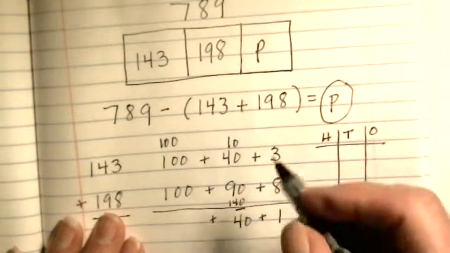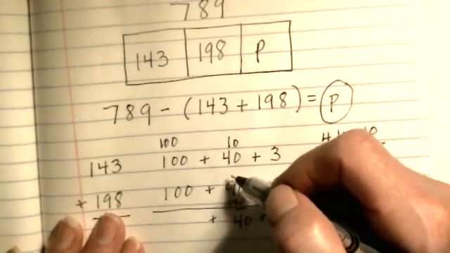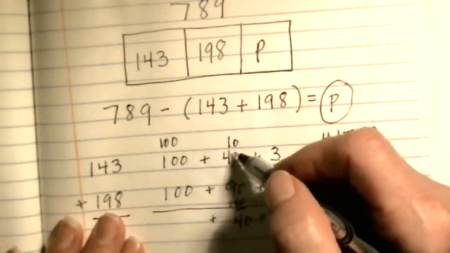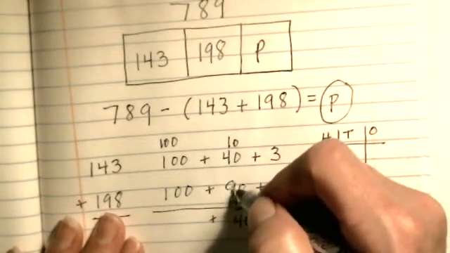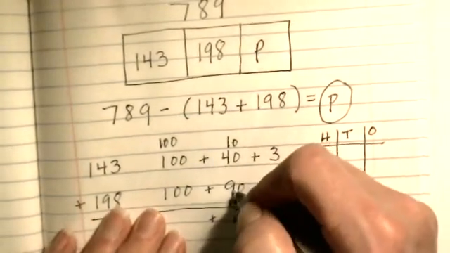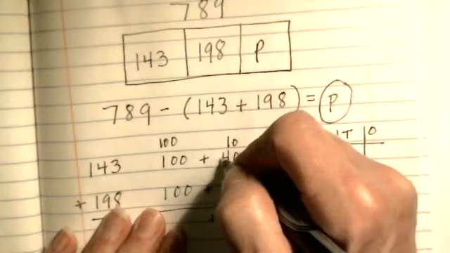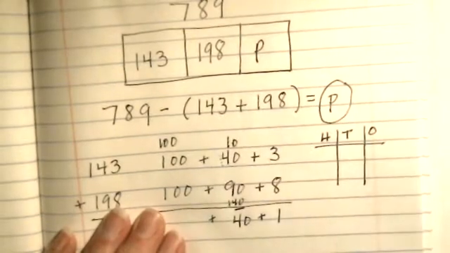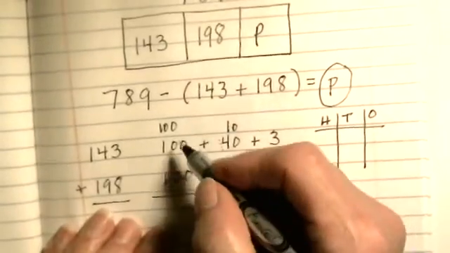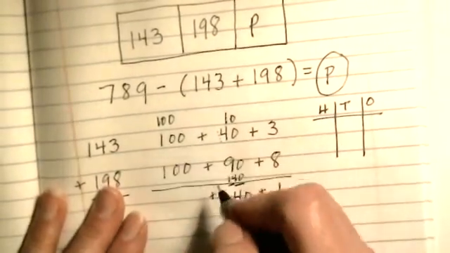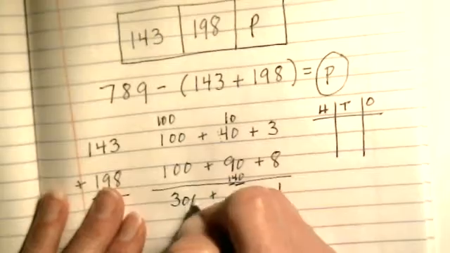Okay? So again, I had 90, 140, or I looked at the tens place, I said 9, 10, 11, 12, 13, 14. That's what this 14 is, but it's really 140. So now I have 100, 200, 300.